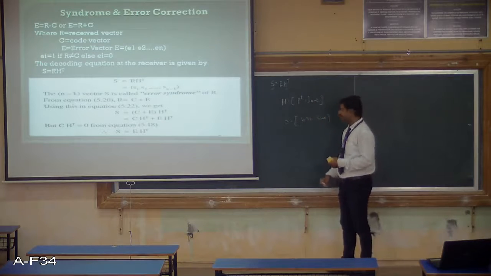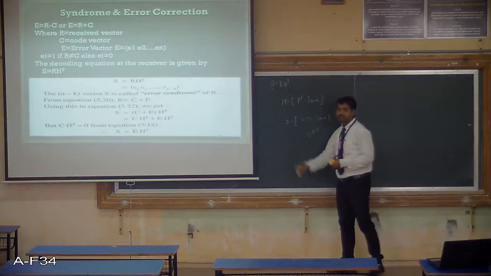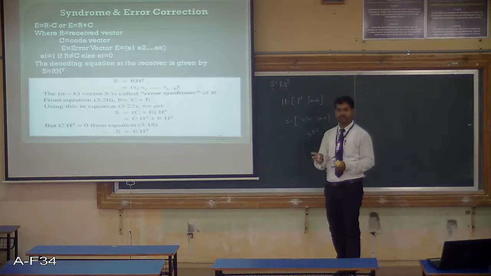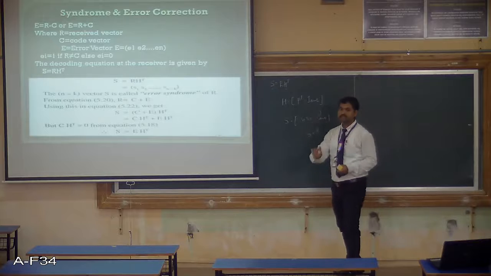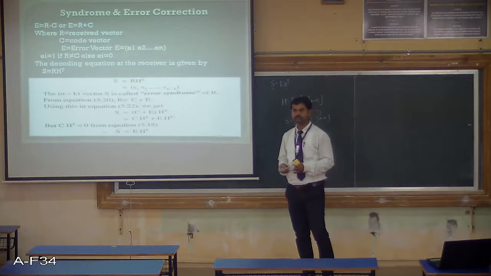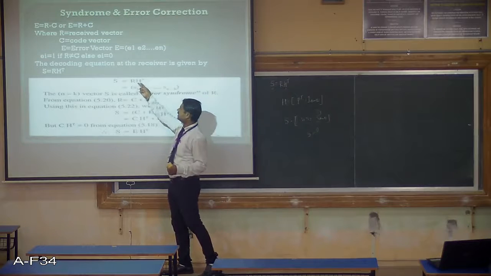If your syndrome is not equal to 0, then the received sequence has an error. If the syndrome has all values 0, then the received sequence has no error in transit. So that's the equation for the syndrome, S = R H transpose.